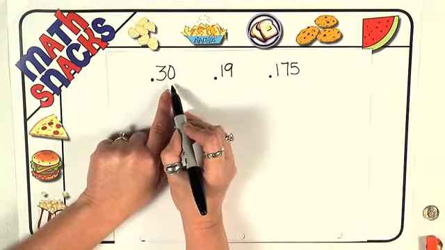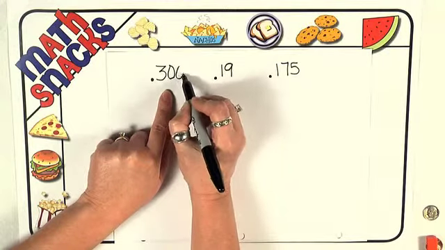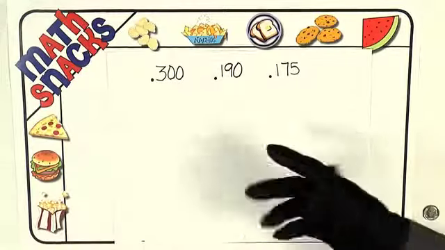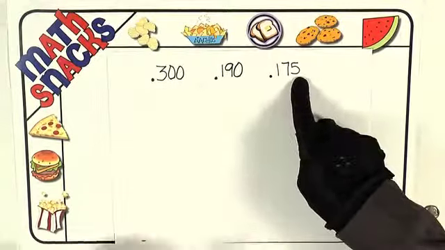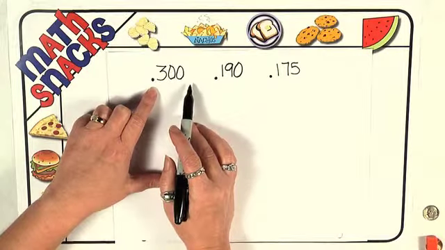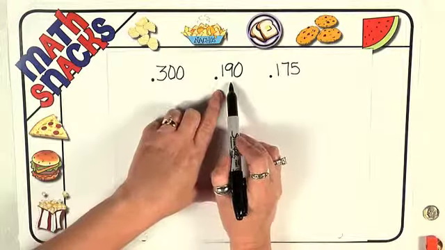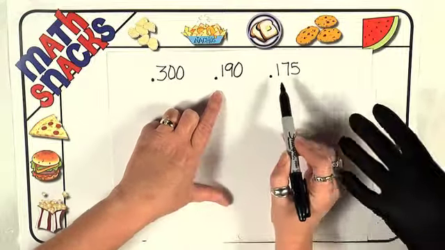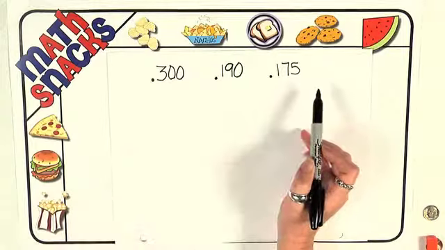Since I added a 0 here before, it's perfectly acceptable to add another 0. Now all of them are out to the thousandths place. So 3 tenths is the same as 30 hundredths, which is the same as 300 thousandths. 19 hundredths is the same thing as 190 thousandths. And this is 175 thousandths.